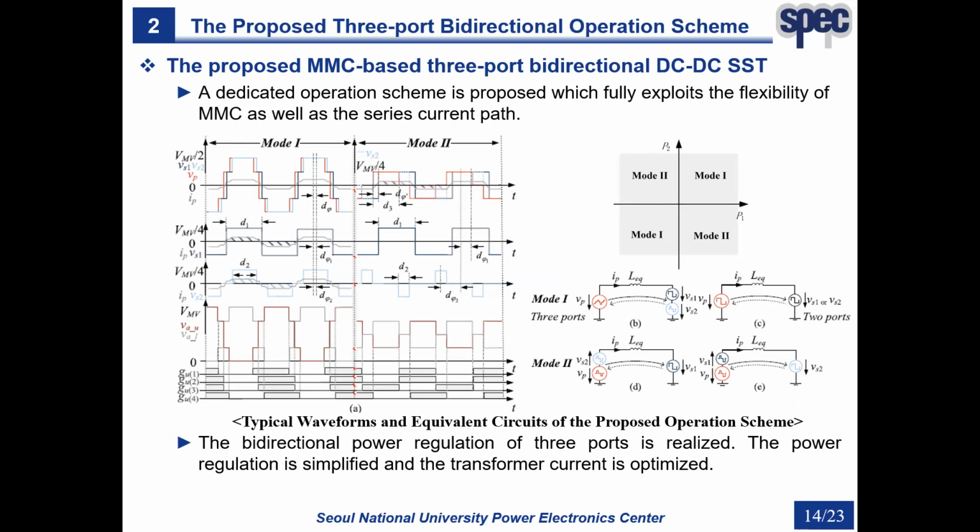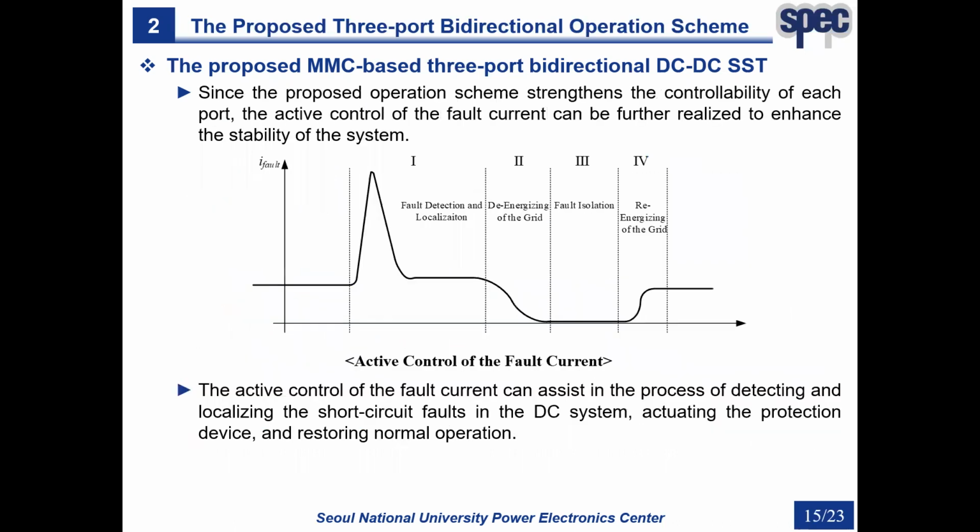The power regulation is greatly simplified and the transformer current is optimized. Since the proposed operation scheme strengthens the controllability of each port, the active control of the fault current can be further realized to enhance the stability of the system.